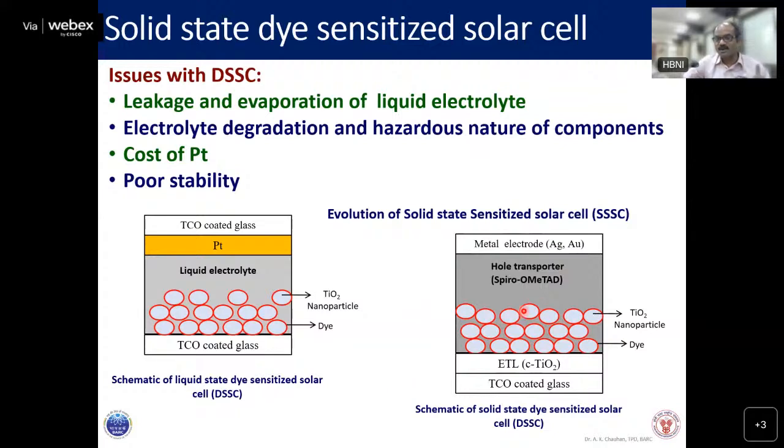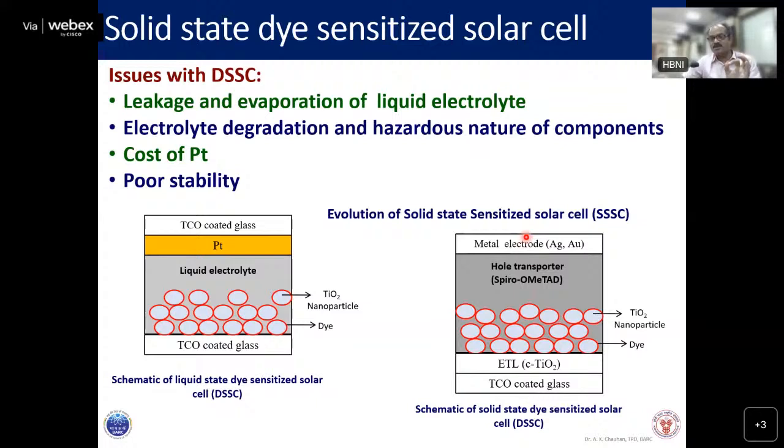Earlier, where the dye regeneration was taking place, in place of regeneration of dye, now the hole is directly transported from the dye to the metal electrode. Understood now?